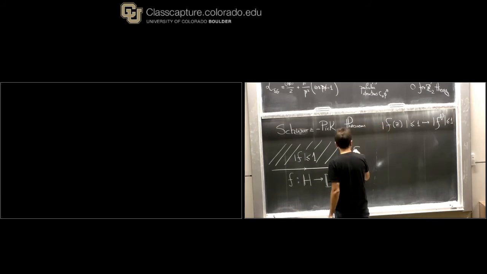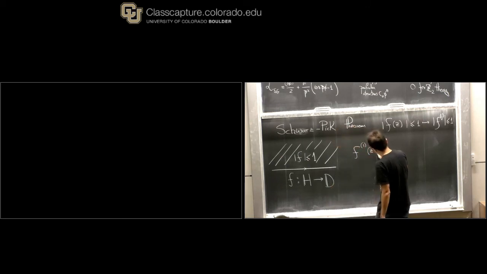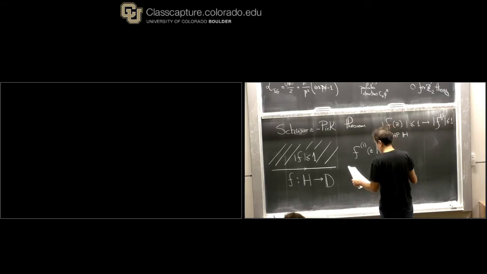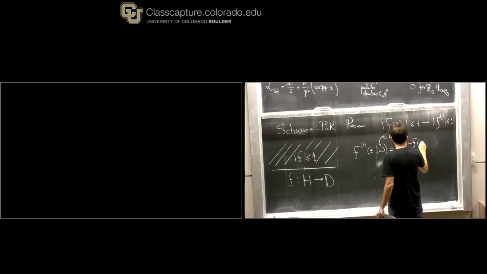Let's construct the function f1 of z. It's a function of z which has a parameter which is w. And w belongs to the upper half plane, which I called H, but it's a parameter. The function is a function of z. And this function is the following: f of z minus f of w, divided by 1 minus f of z times f bar of w.